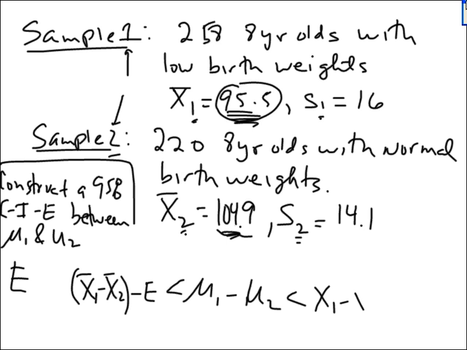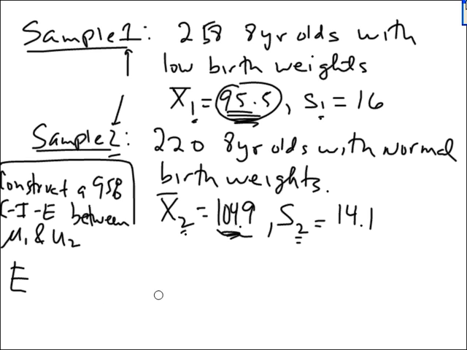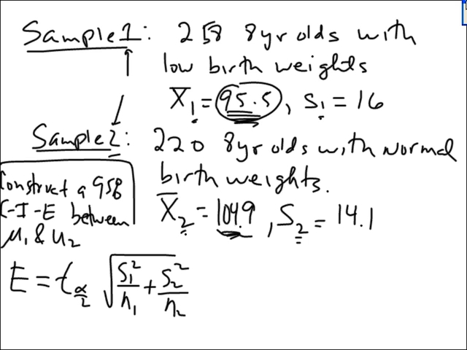The right side, x1 bar minus x2 bar, we have that, plus E. So the whole job is to really find E. Doing x1 bar minus x2 bar, that's not a big deal at all. Finding E, that's a big part of this problem, if not all of it. 90% of this problem is finding E. Remember, E is t sub alpha over 2 times the square root of S1 squared over N1 plus S2 squared over N2.